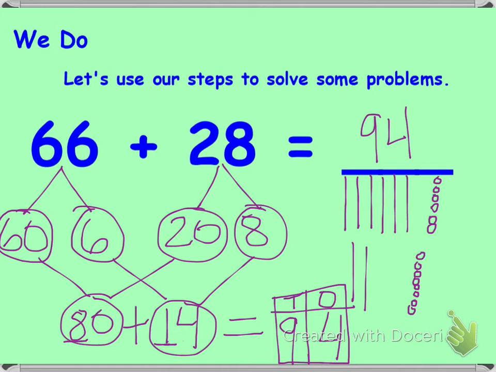Then we have to count to see if the ones make a new 10. 1, 2, 3, 4, 5, 6, 7, 8, 9, 10. Then we have to count it. 10, 20, 30, 40, 50, 60, 70, 80, 90, 91, 92, 93, 94. So yep, we get the same thing. Check, it's the same thing.